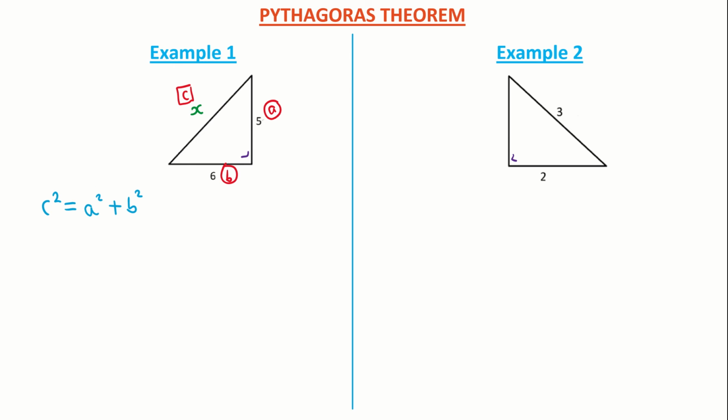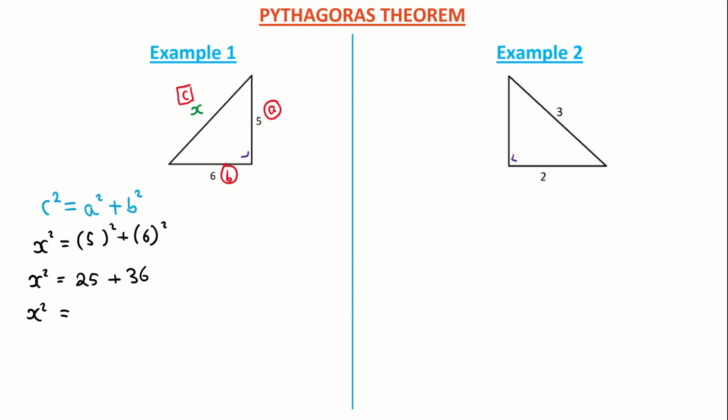Coming down and filling in my Pythagoras theorem, I have c squared, so that's my x squared, is equal to my a squared, and my a is 5, so I'm subbing in 5 for a, and I'm subbing in 6 for b, 6 squared. So I have x squared is equal to 5 multiplied by 5, which is 25, plus 6 multiplied by 6, which is 36.